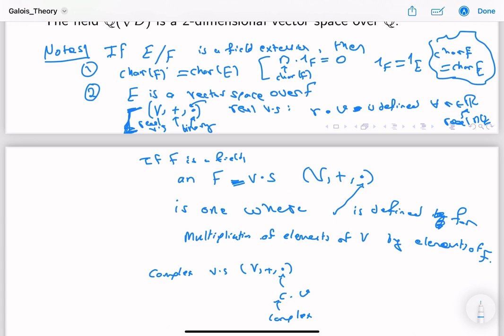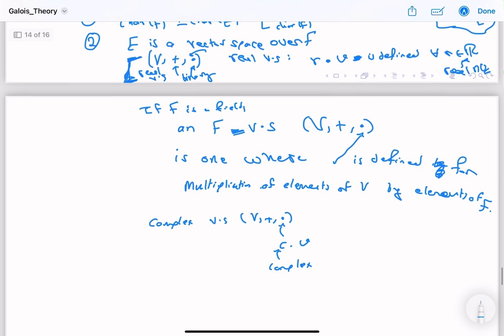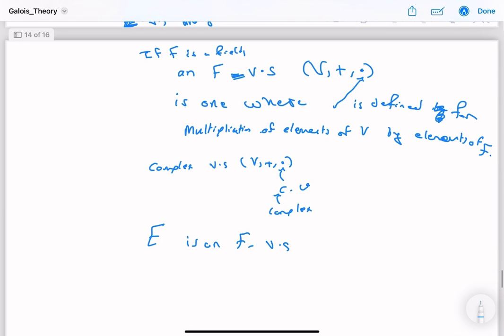Now, in an F vector space, c has to be in F. This is how we're defining it. So when we say E is an F vector space, what we mean is that E is a field, we know E is a field, and we're defining the scalar multiplication by elements of F.